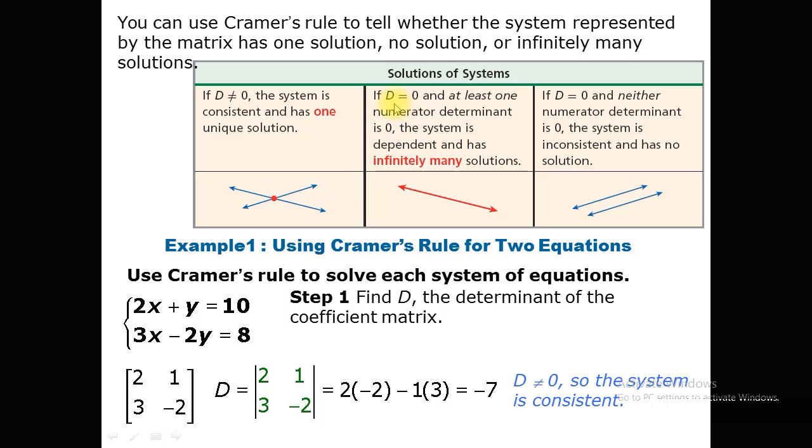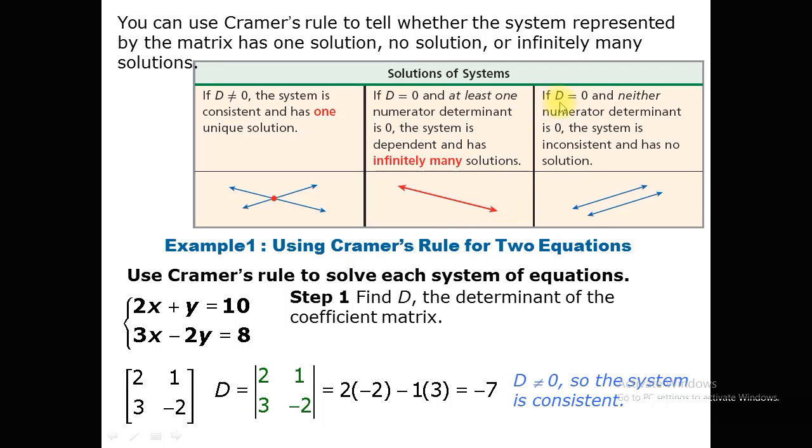And if the determinant of the coefficient matrix is 0 and at least one numerator determinant is 0, then the system is dependent and has infinitely many solutions. In case of infinitely many solutions, these lines overlap each other and intersect at infinitely many points.